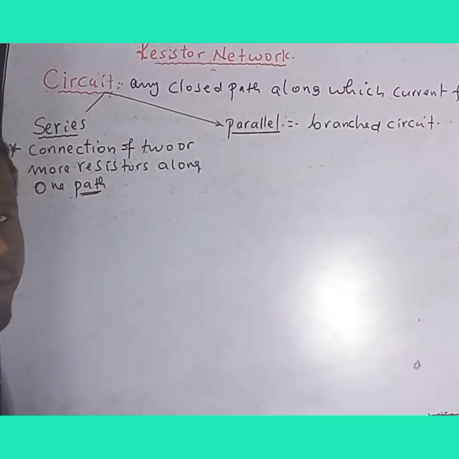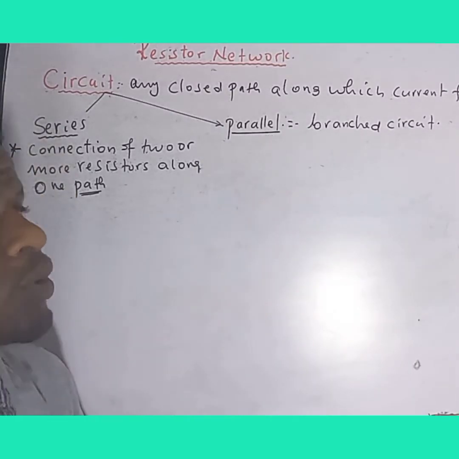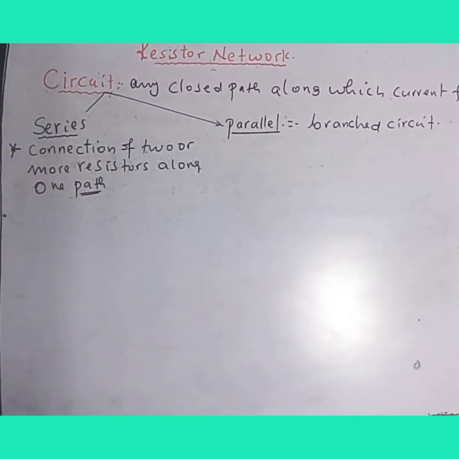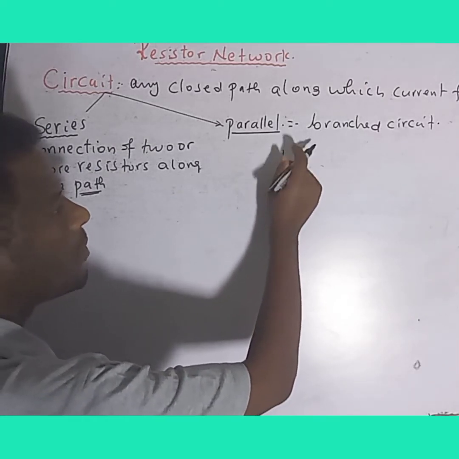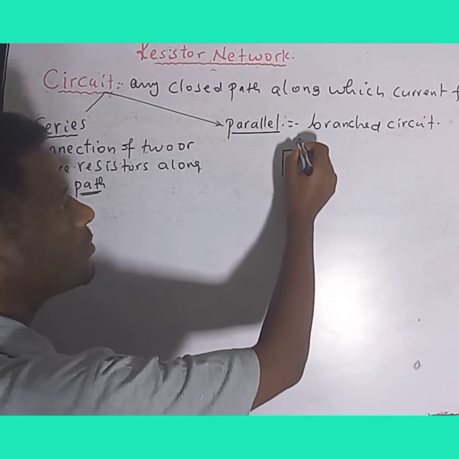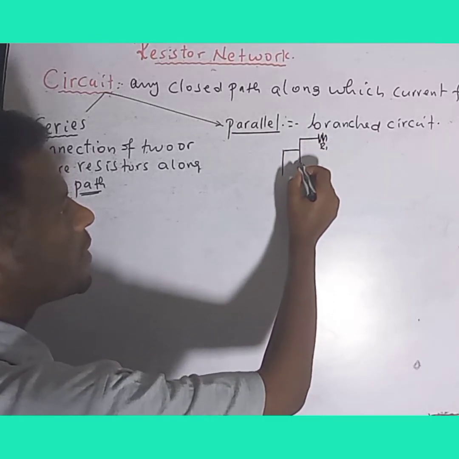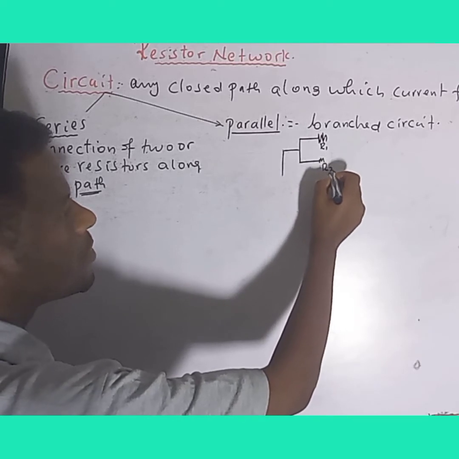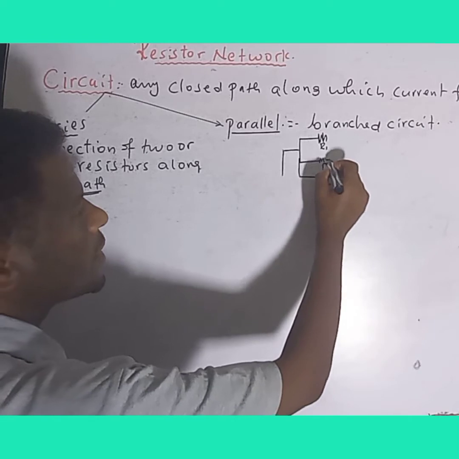For a parallel connection of resistors, current has more than two paths since it is a branched circuit. Let it be R1, R2 and R3.